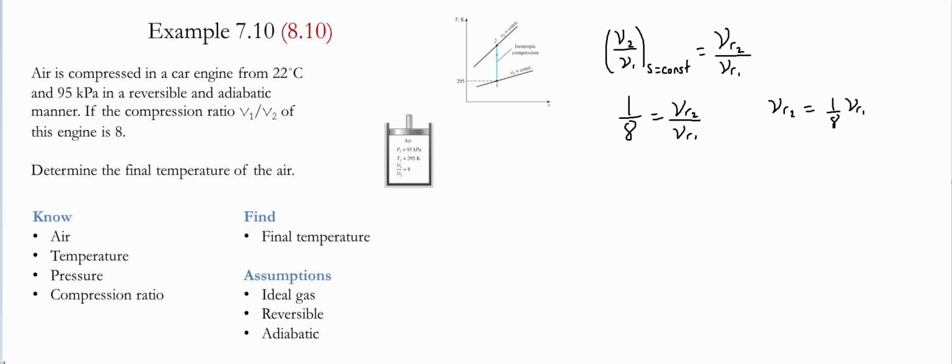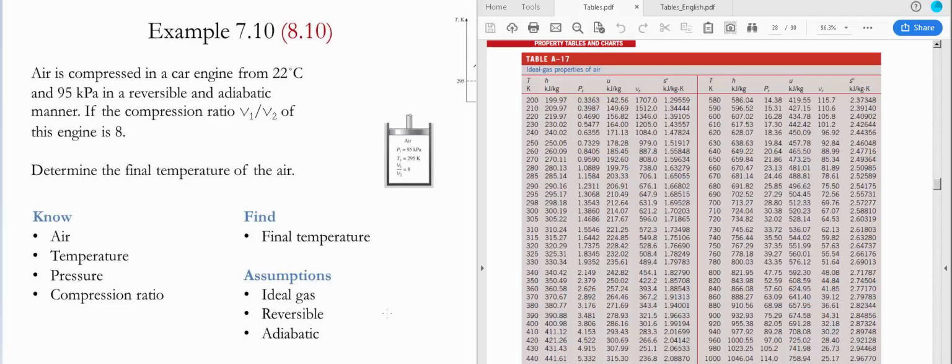We go to the tables and we see that for the temperature of 22 Celsius, which is equal to 295 Kelvin, we find a relative specific volume of 647.9.